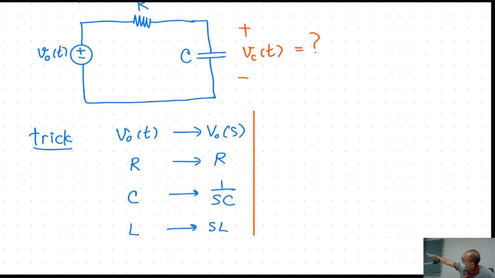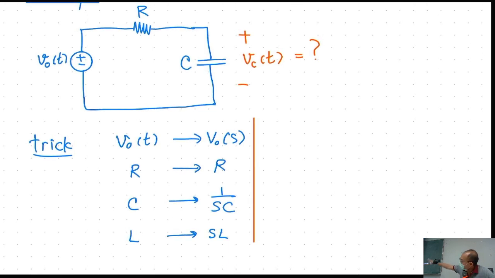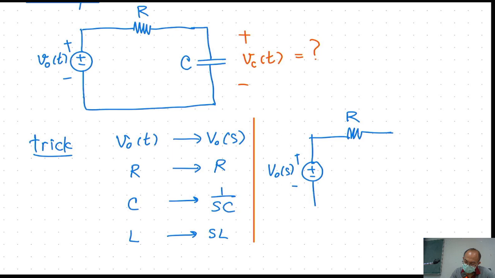So in this case, that circuit in the problem is in the time domain. So we have to convert it into an S domain circuit, which will be V0(s), and then R, and then C, which is 1 over SC. And then the output is Vc(s).